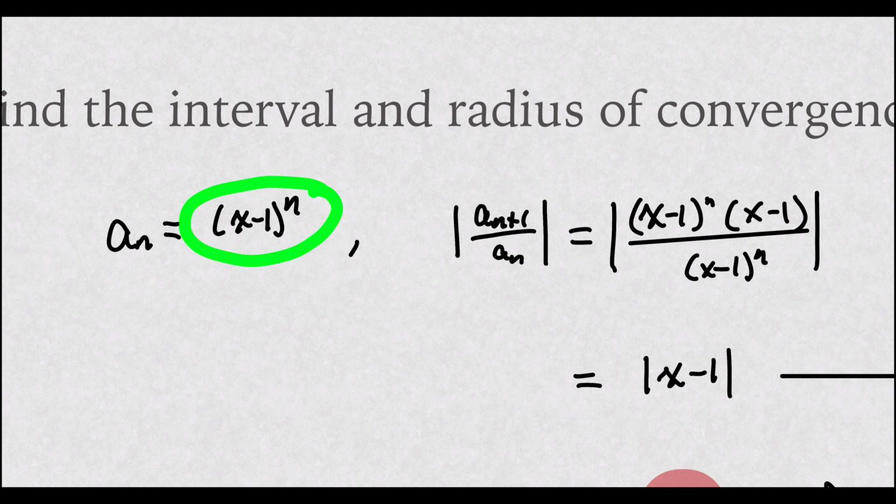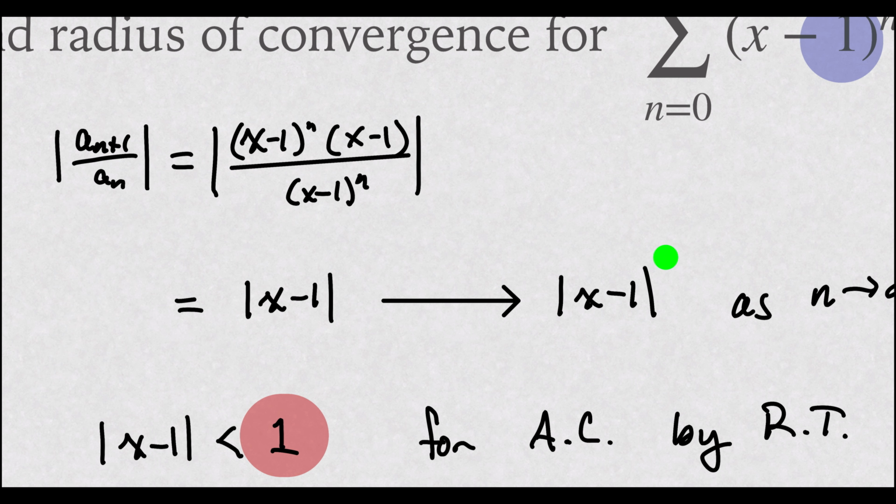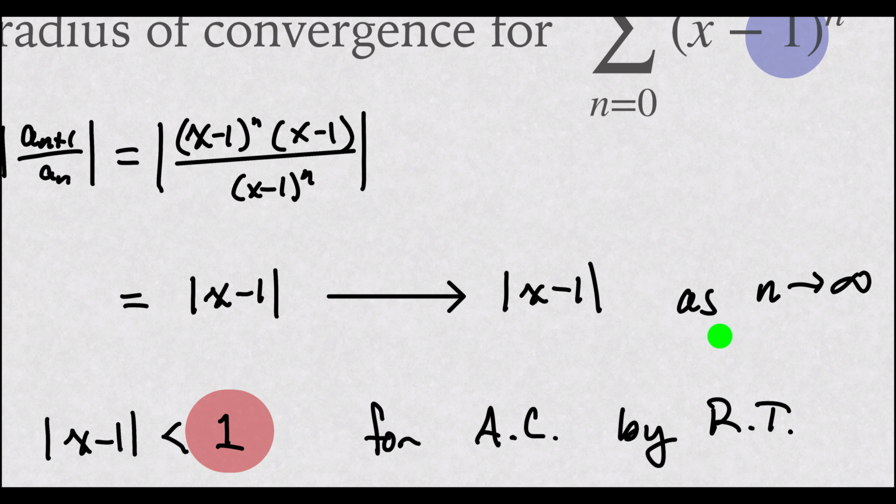This guy, (x minus 1) raised to the n plus 1, is the binomial raised to the n times one more copy of the binomial, placed over the current term a sub n. Quick cancellation, bring the remaining term with absolutes around it down, and then the limit as n goes to infinity, and you just get the absolute value of x minus 1.